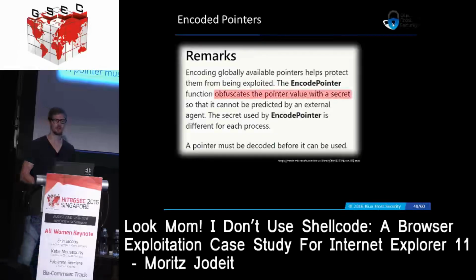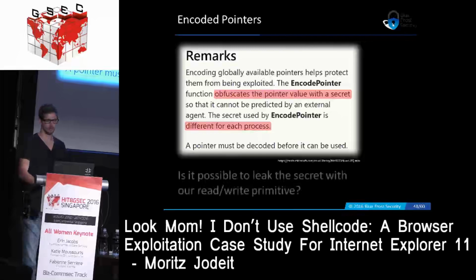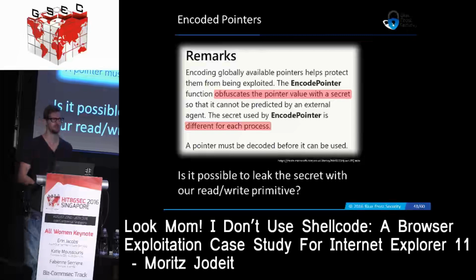They say the pointer is obfuscated with a secret value, and this secret value is different for every process. So that means it's the same in our process for all the EncodePointer calls. So the question is, can we maybe use our read primitive to leak the secret value somehow? Because if we manage to do that, we would be able to decode any obfuscated pointers in the process.